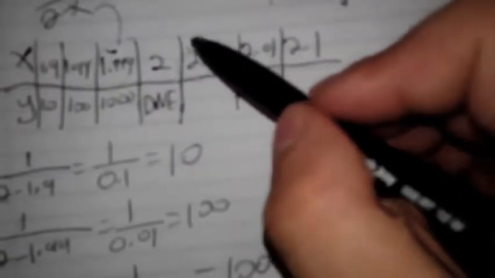We do the same thing, plugging in these x values. 1 over 2 minus 2.001 gives us 1 over negative 0.001, which gives us negative 1,000. 1 over 2 minus 2.01 gives us 1 over negative 0.01, negative 100, almost forgot that.